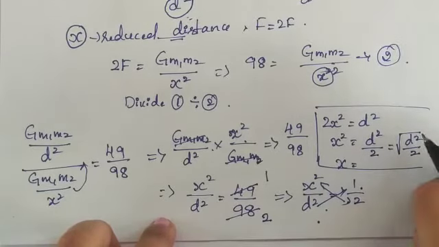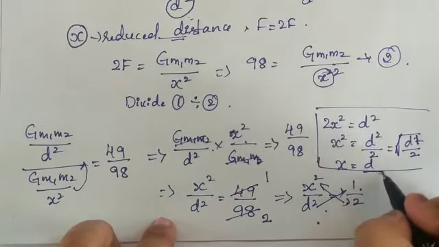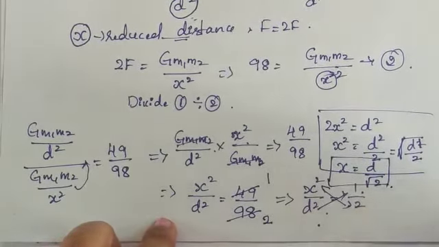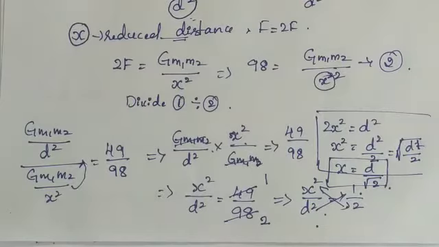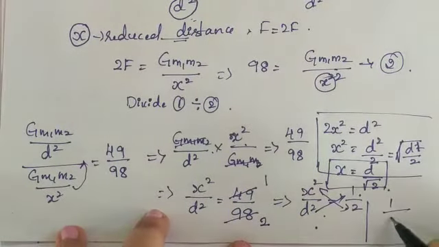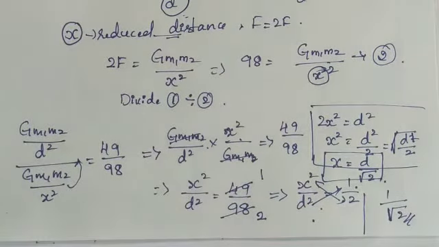The square root of D square cancels, so you will get x equal to D divided by root 2. So how much should I reduce the distance? I should reduce the distance by 1 divided by root 2. Okay, this is the answer.